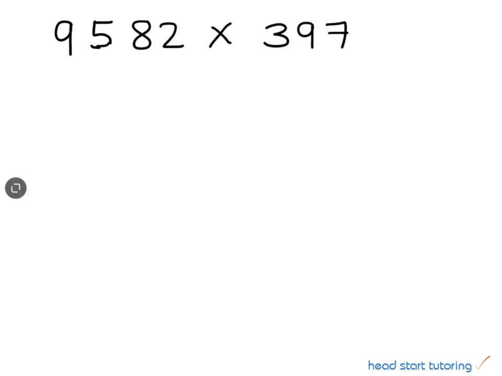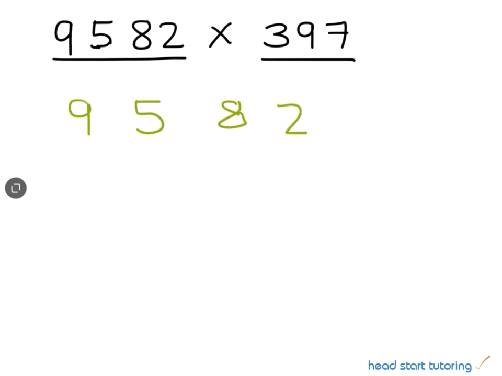We are now going to be having a look at a 4-digit number multiplied by a 3-digit number. What we need to do here, just because they're bigger numbers, is make sure that we are very careful in the way that we set out our work. Right.